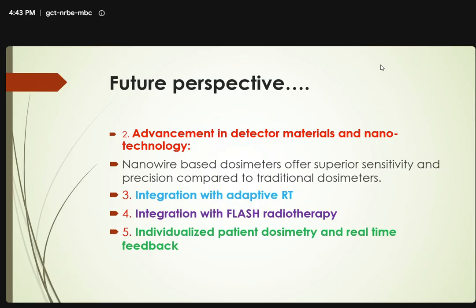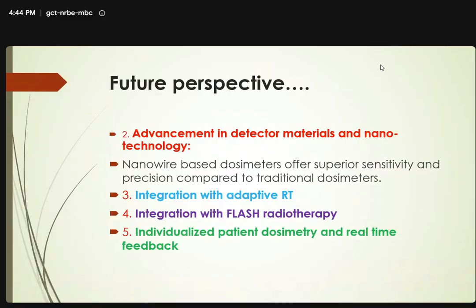And this flash radiotherapy, we all know, involves delivering ultra high dose rate in a fraction of the time compared to the other conventional therapies. With the help of nanowire based OSLDs as an emerging promising tool for measurement of radiation dose, it will be helpful in flash radiotherapy also.